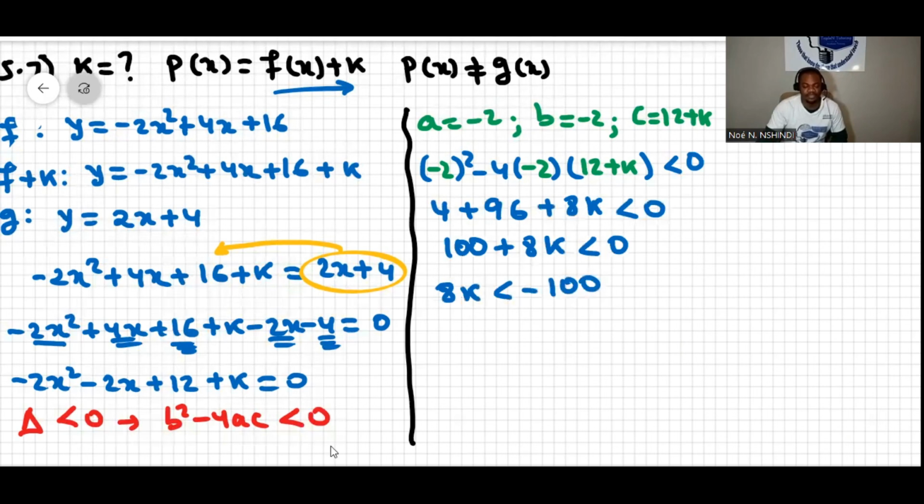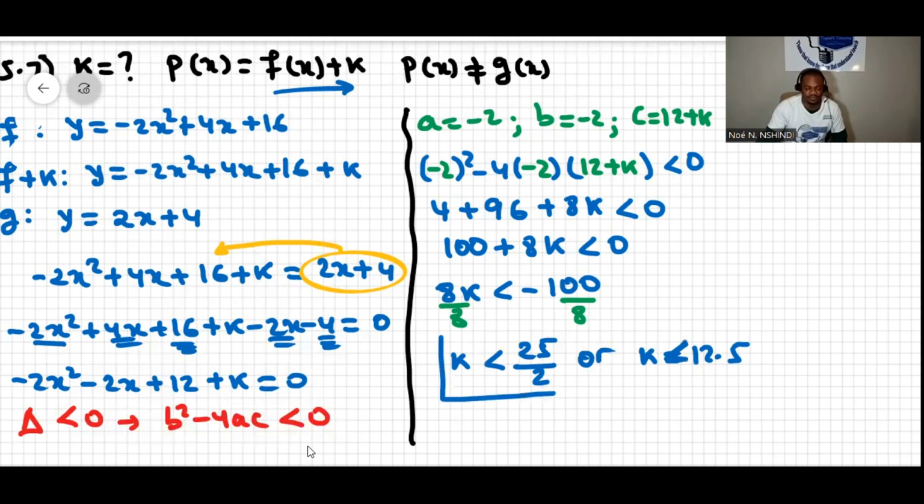And then we divide here by 8, we divide there also by 8, and then that makes k lesser than negative 100 divided by 8, by 4 is 25, by 2 again, so it's negative 25 over 2, or we can write k is less than negative 12.5. So this is the solution.